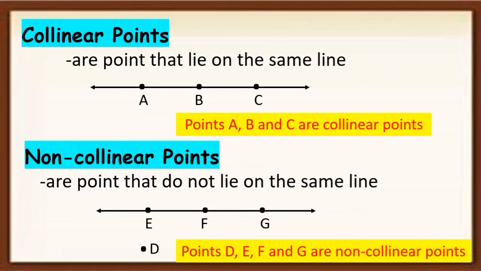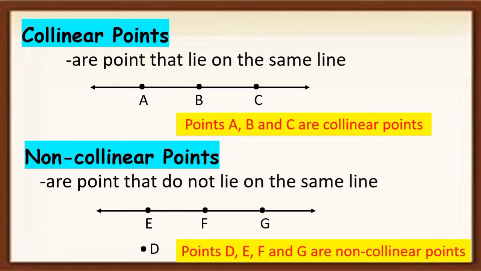Ibig sabihin, mayroong points na hindi makikita or wala doon sa iisang line. So in this given, point D is not on the same line. So therefore, D, E, F, G are non-collinear points, but E, F, G are collinear points.